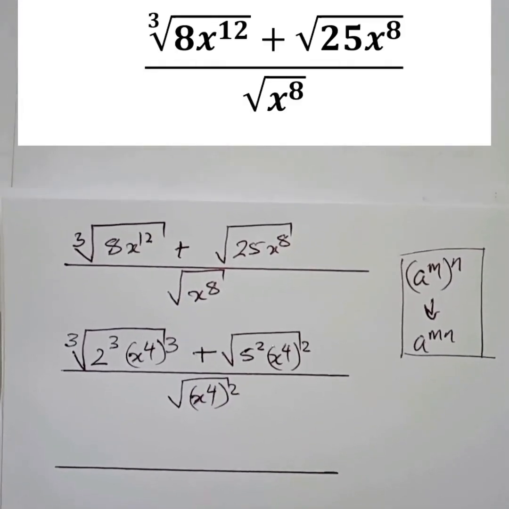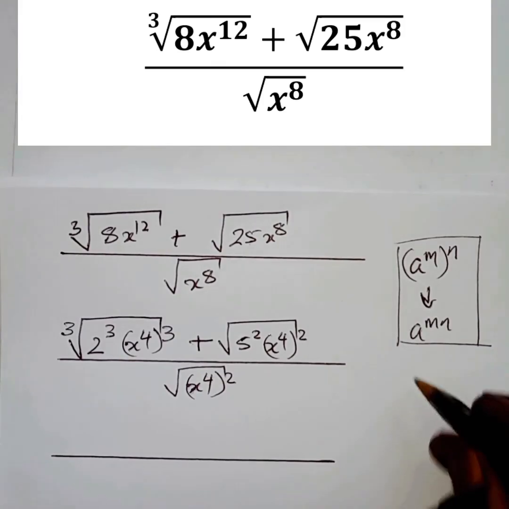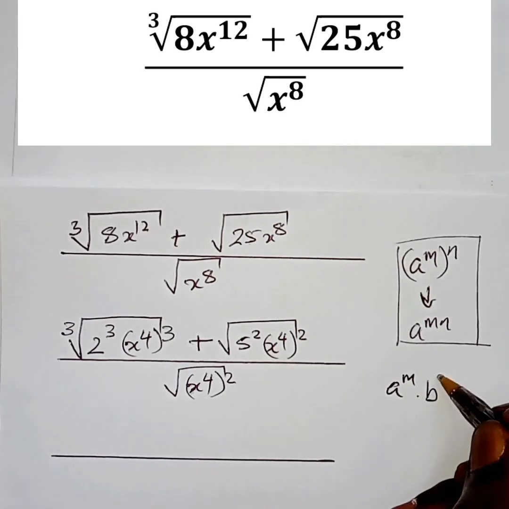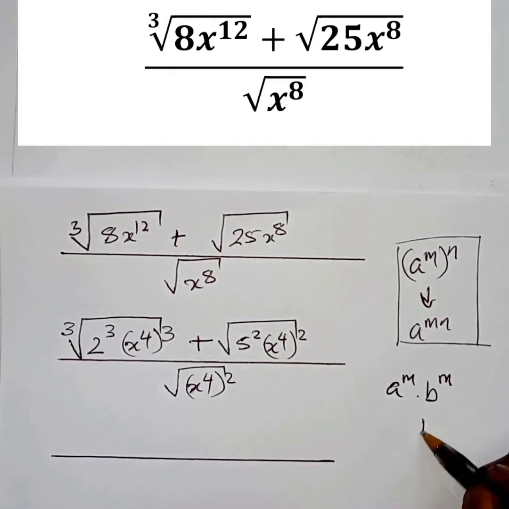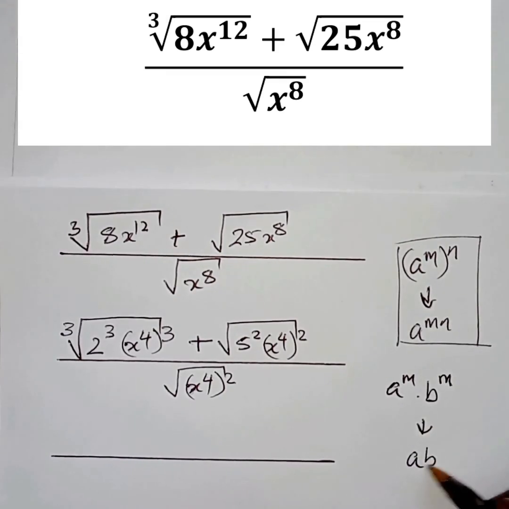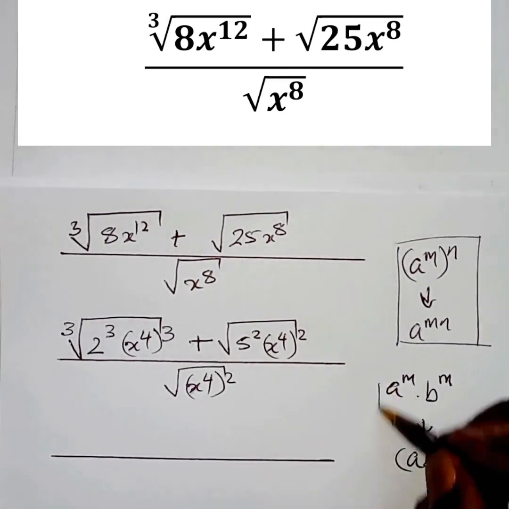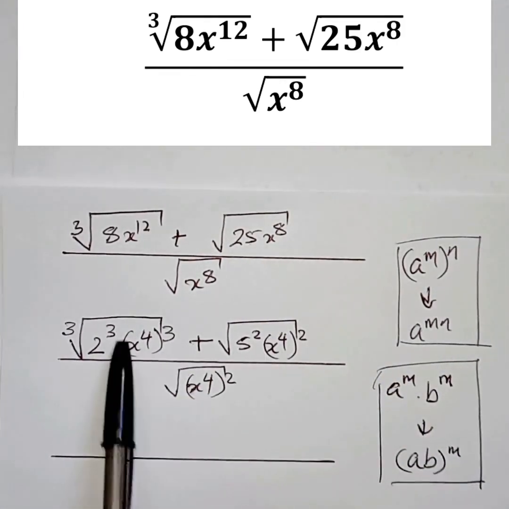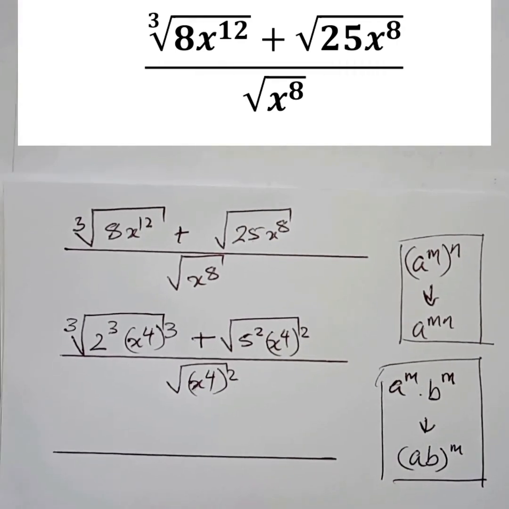And then we need to use yet another law of exponents that says a to the power m multiplied by b to the power m is the same thing as just saying ab to the power m. So we are going to use this law on these two terms on the numerator.